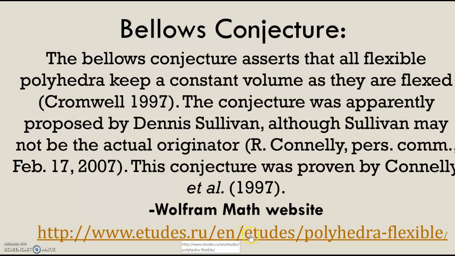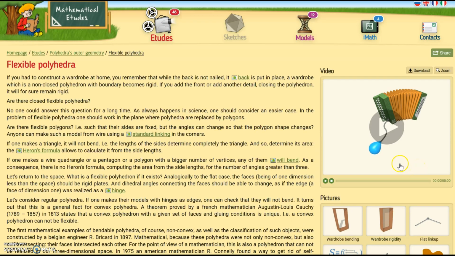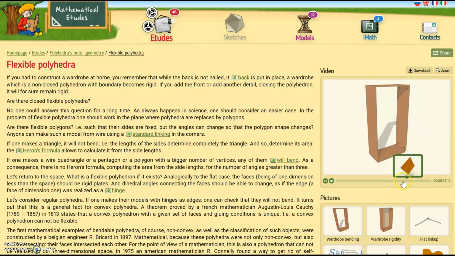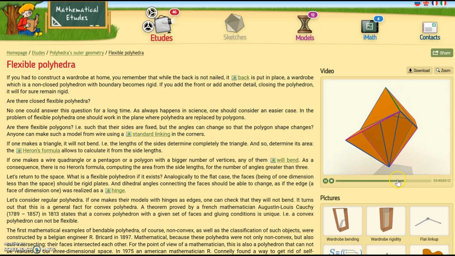And there was a video on this website that shows kind of the concept behind this. And the reason it's called a bellows conjecture is because here we have the accordion up here, which is very similar to a bellows that they used to use in like a blacksmith's shop to get fires going.